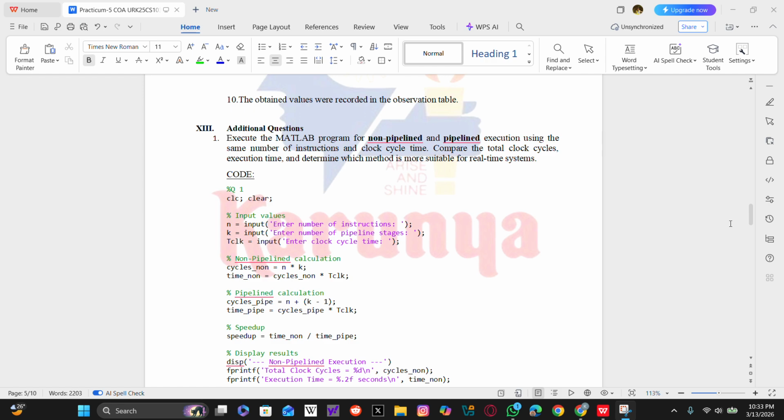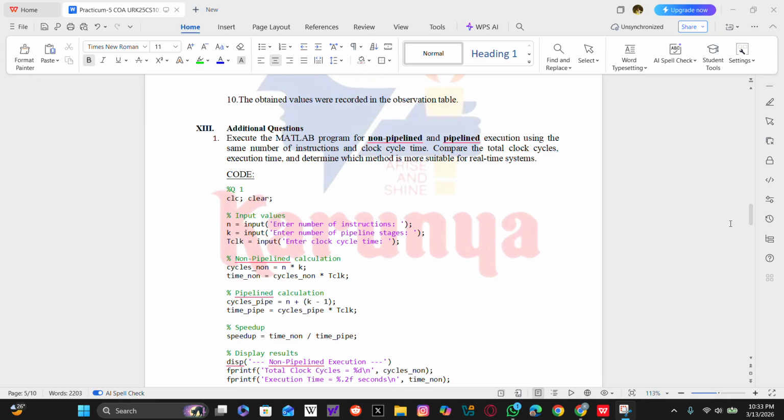Pipeline calculation is cycles pipe is equal to n plus k minus 1, where n is the number of instructions and k is the pipeline stages. Time pipe is equal to cycles pipe times t clock, and we are setting speed up equal to time non divided by time pipe.